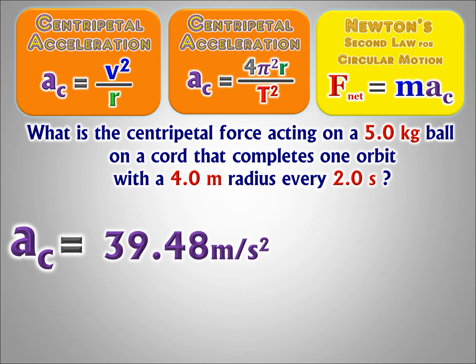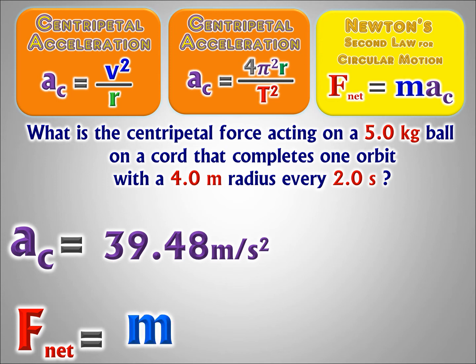So now that we've got the centripetal acceleration, why don't we go ahead and use that yellow equation now, the one on the right, to solve for the centripetal force, which is the net force. Okay, so we're going to need the mass, and we're going to need the centripetal acceleration multiplied together. Well, what is the mass? Isn't that given in the question? A 5.0 kilogram ball. Let's substitute that. 5.0 kilograms.